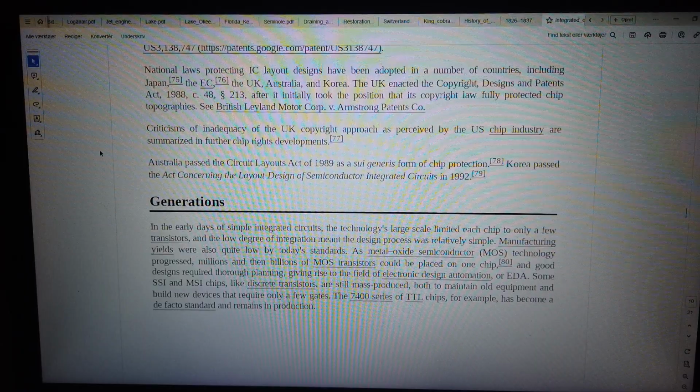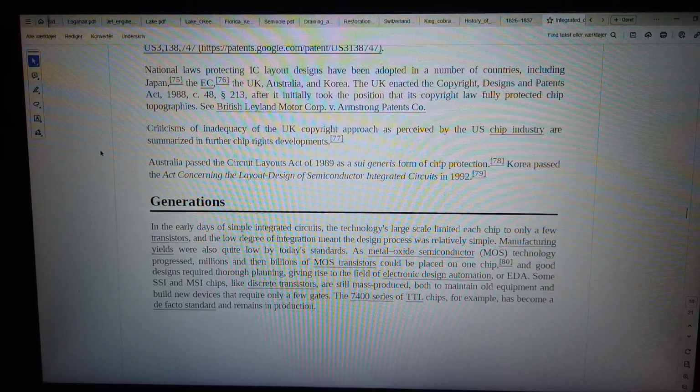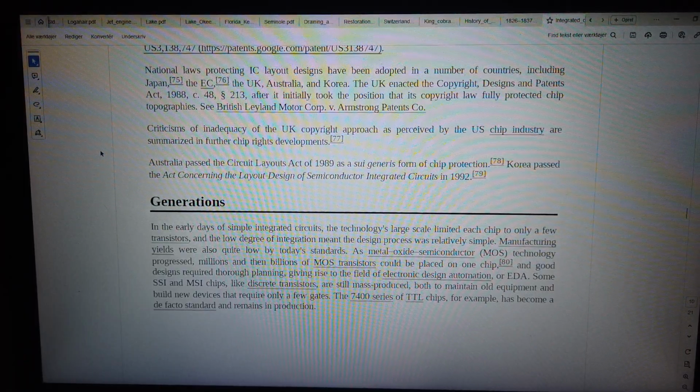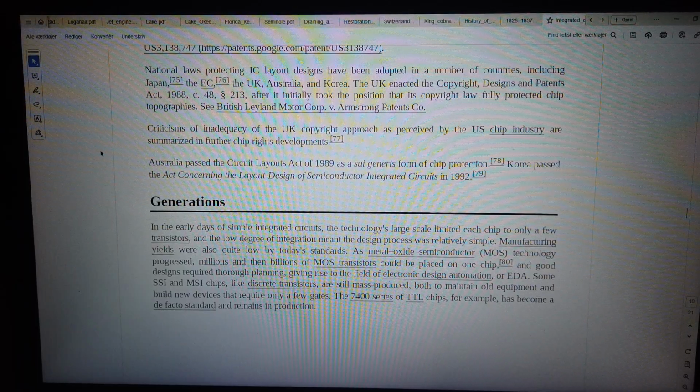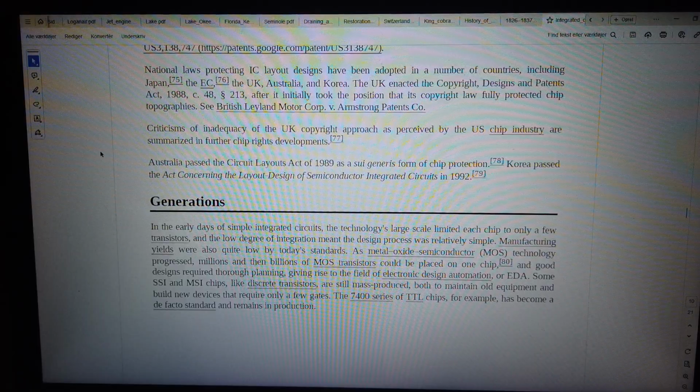Some SSI and MSI chips, like discrete transistors, are still mass-produced, both to maintain old equipment and build new devices that require only a few gates. The 7400 series of TTL chips, for example, has become a de facto standard and remains in production.